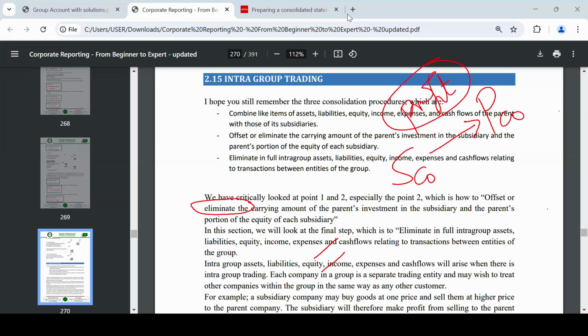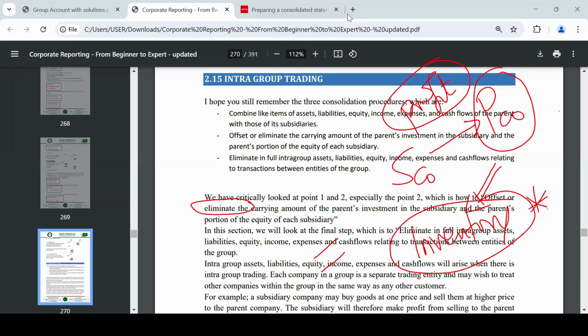Okay? Now, these goods that they sold to Pico, Pico still has some of it in their inventory. So as at the date we want to consolidate, ESCO has an unrealized profit.